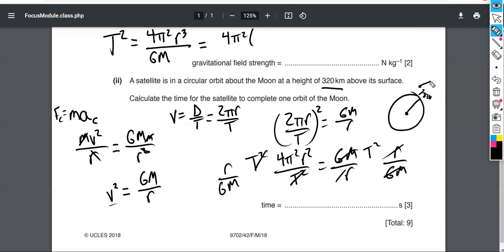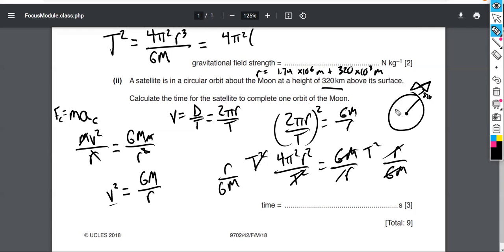So the total distance from the center of the moon is the radius, which was given previously as 1.74 by 10 to the 6 meters, plus another 320 by 10 to the 3 meters, right? So now we're in meters. Convert this kilometers also into meters, change that kilo to 10 to the 3. And so the radius that we substitute here is going to be the sum of the 320 kilometers above the surface and the radius of the moon itself.